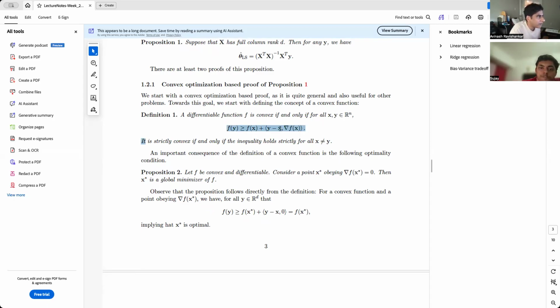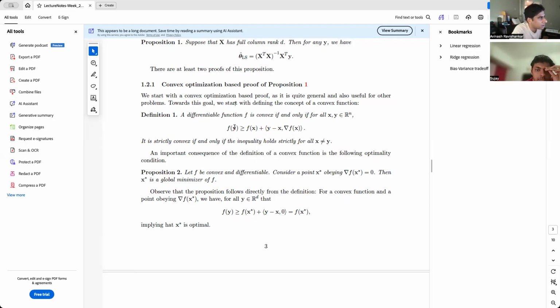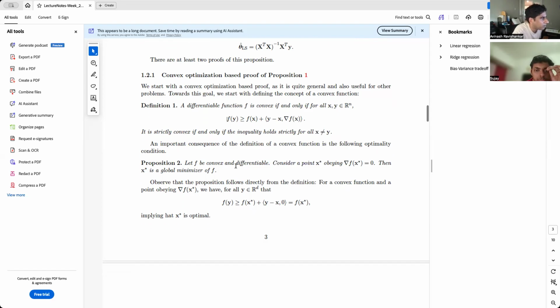What this was saying, right, is that if I'm at a previous point, everything has to exist above it, right? Yes, all of these values are going to be above that value, strictly if strictly convex, and with inequality otherwise. Okay, perfect.